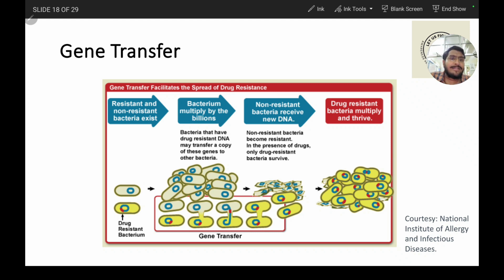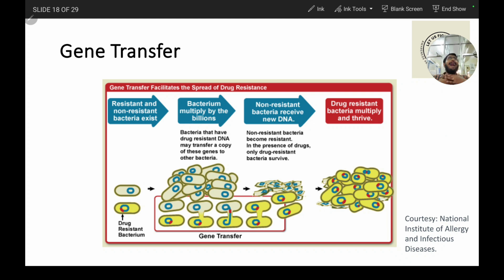Then comes gene transfer. This is the worst of all, and this is so important to understand how antimicrobial resistance spreads. We said in the last two points that an organism may have resistance or it may gain resistance due to mutations, but it also has the ability to pass this characteristic to its counterparts.